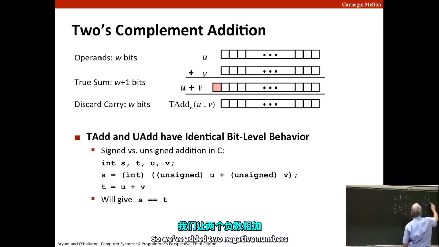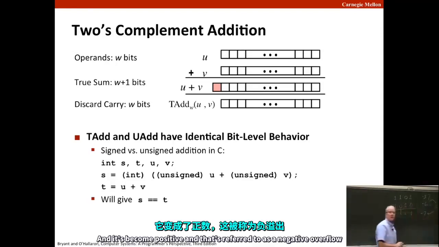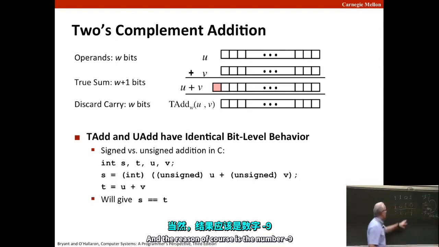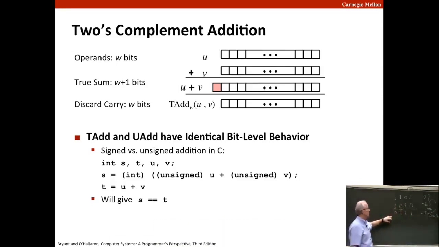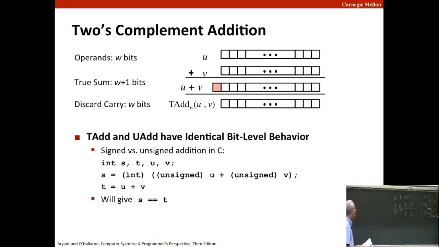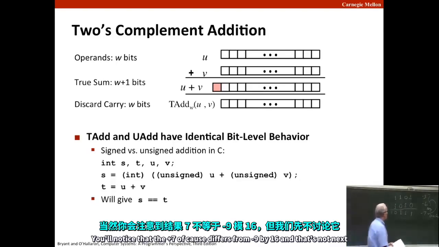So we've added two negative numbers, and it's become positive, and that's referred to as a negative overflow. And the reason, of course, is that the number minus 9 can't be represented in a 4-bit 2's complement number. So it overflowed. You'll notice that the plus 7, of course, differs from minus 9 by 16, and that's not an accident.